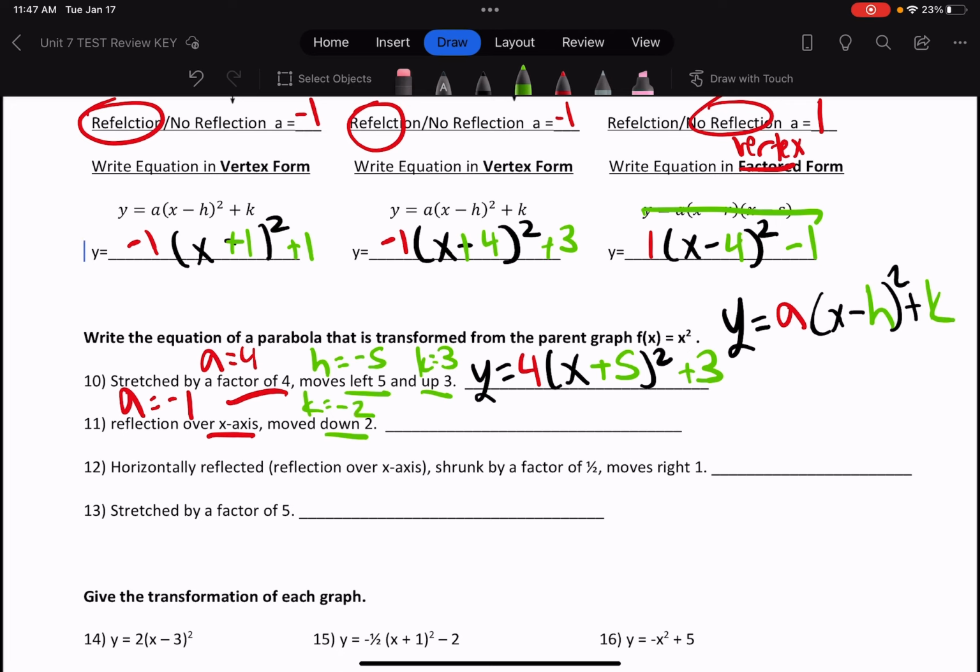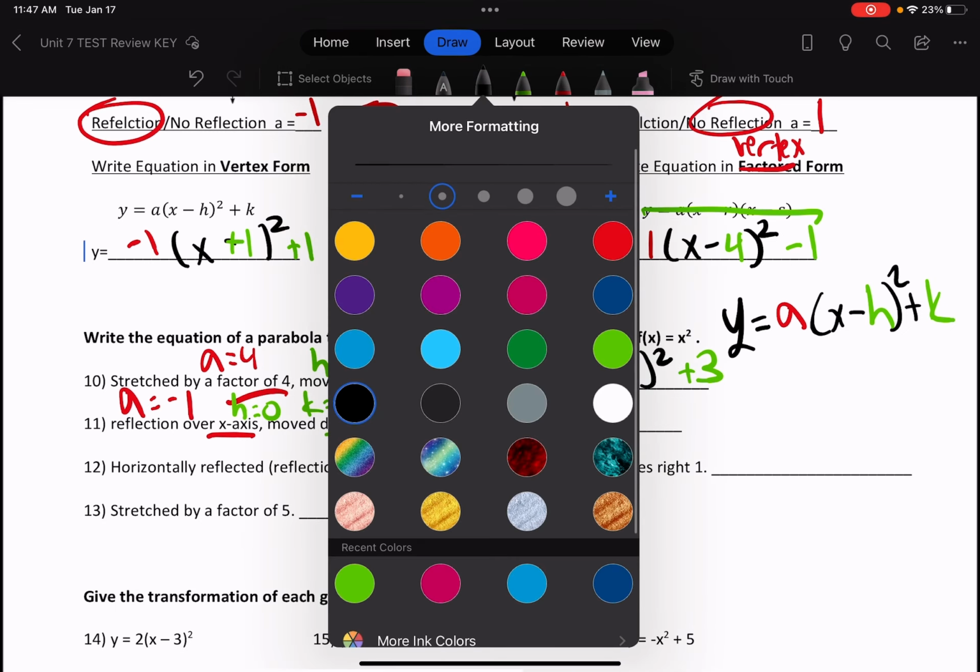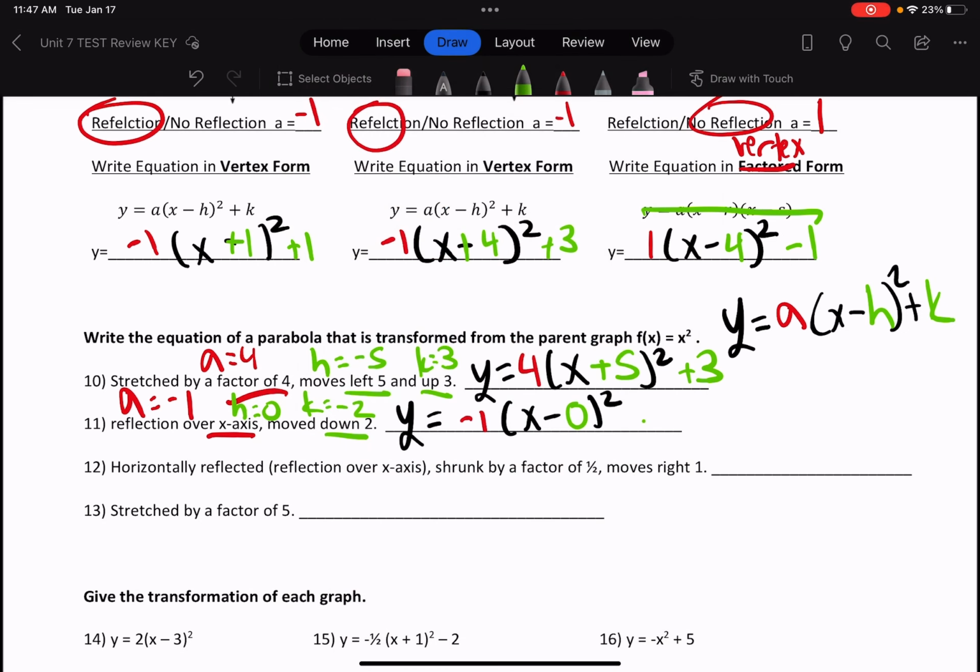We don't know anything about a horizontal shift, so our h value is going to equal 0. So I could write this function as y equals negative 1 multiplied by (x minus 0) squared minus 2. But guys, you also could just write y equals negative 1 x squared minus 2.